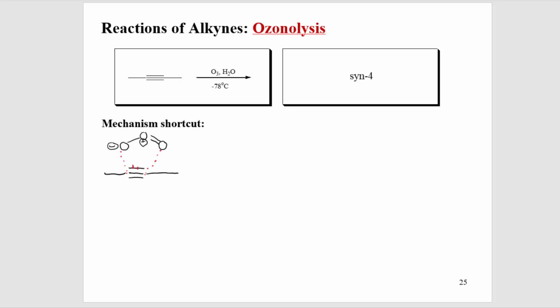You can use your pi bond as the first nucleophile, kicking the electrons in and making our new bonds. Syn-4. So you end up with these ozonides, which are explosive and extremely unstable due to those oxygen-oxygen-oxygen bonds all vying for that covalent electron system between them.